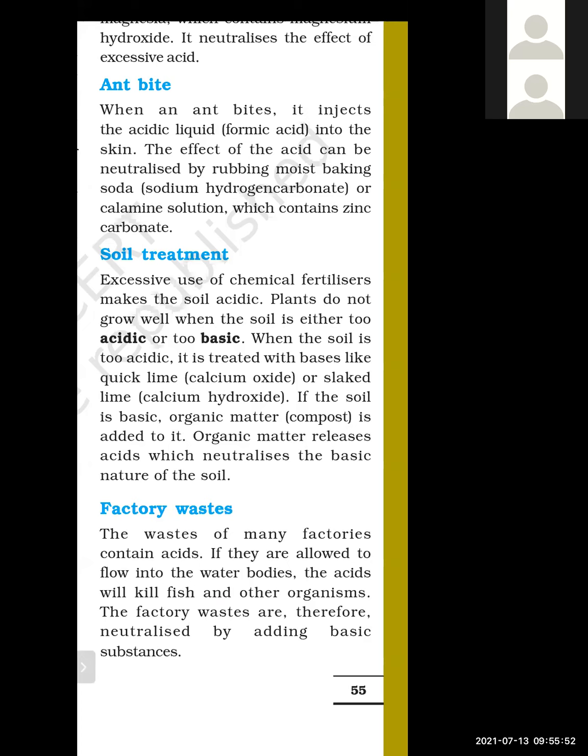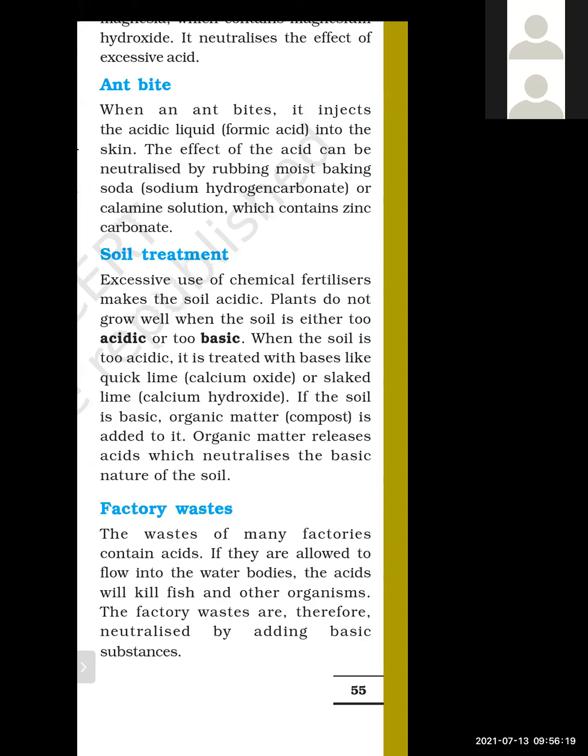If the soil is basic in nature, we will add some organic substance like compost or manure, which are made up of natural matter, cow dung, buffalo dung. We use this, also known as desi khad. So we add this manure or compost, which is acidic in nature, into the basic soil.